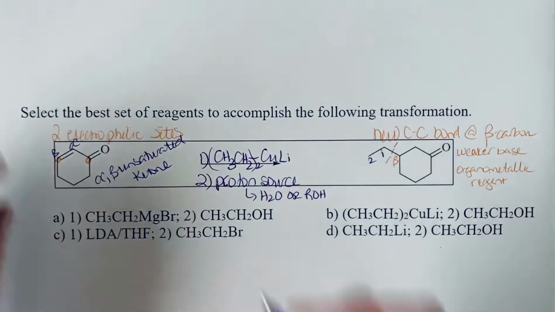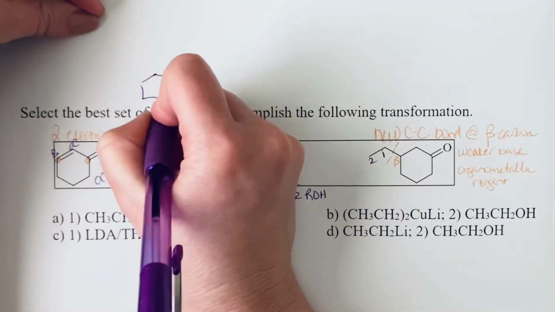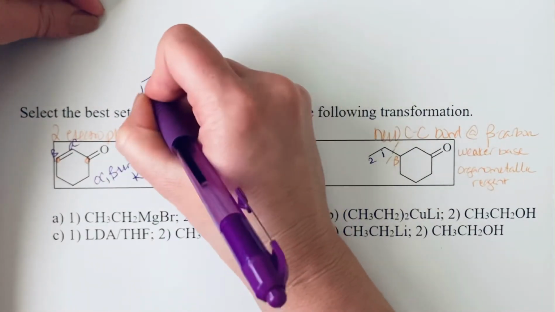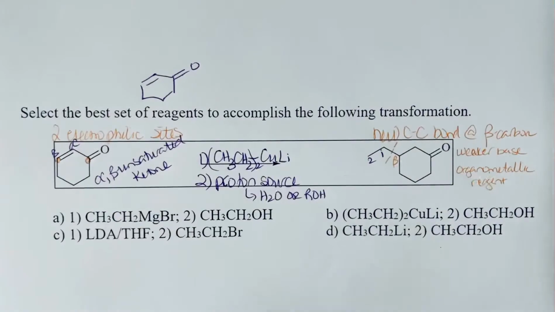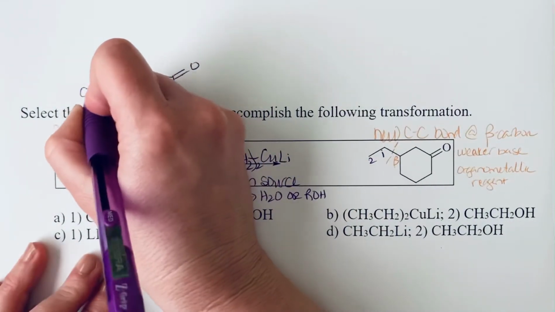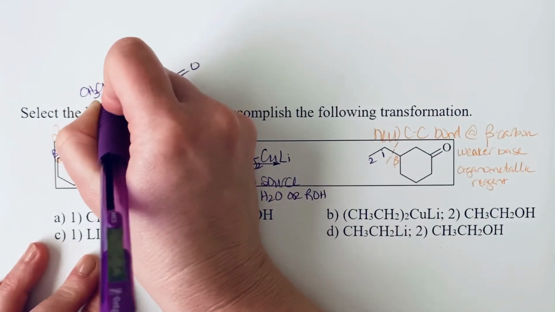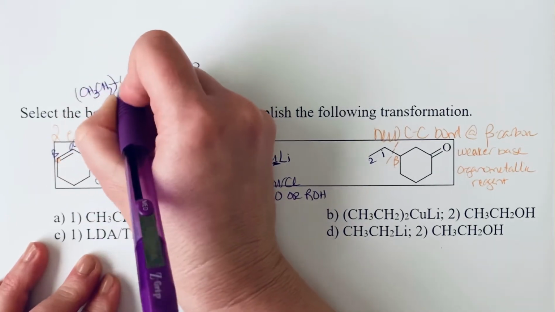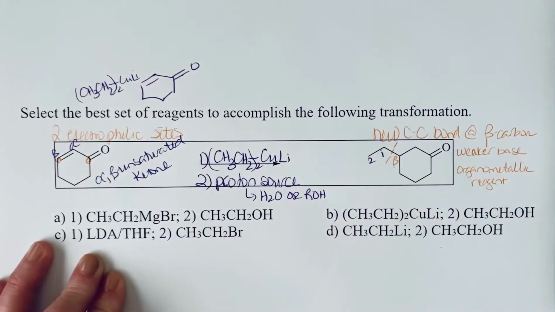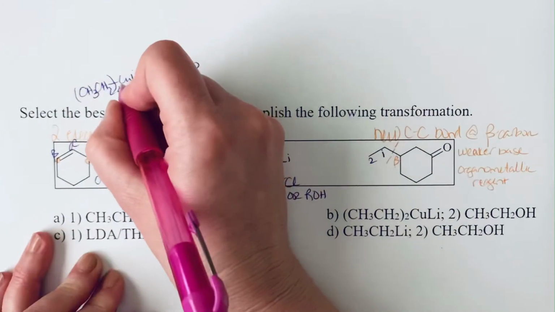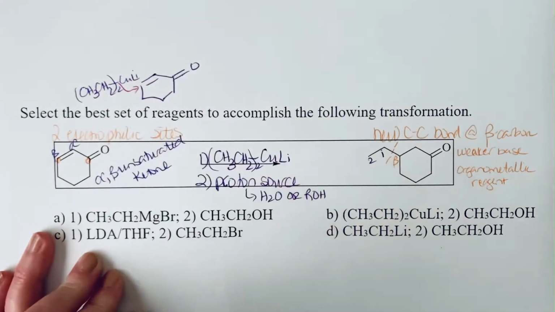So what we could imagine is taking place here, and this is not the exact mechanism of a cuprate, but we can kind of use this. It's a little bit more complex than what I'm about to draw. So you can imagine that that ethyl group is being transferred.